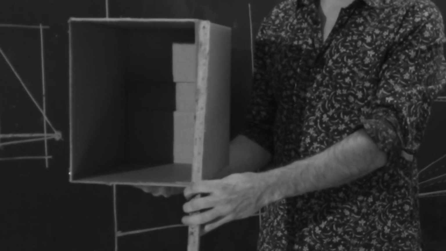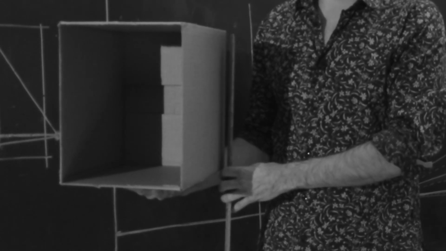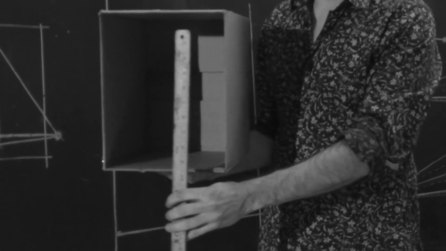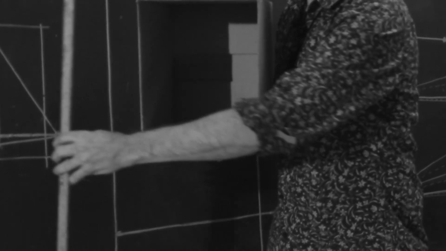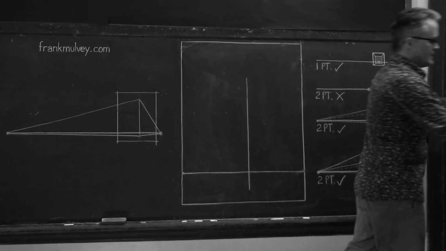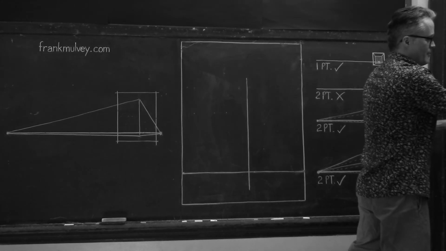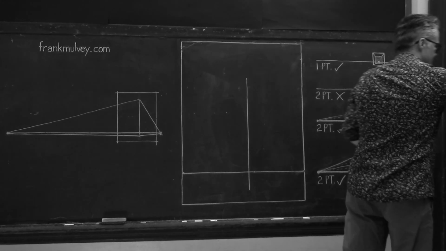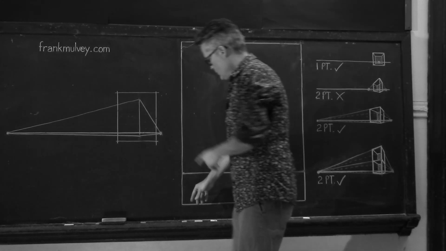So we could position a ruler here in the front corner, slide it this way. We could also position it here and slide it that way. We could also keep going if we want to add more architectural elements. So let's think about that imaginary ruler when doing this drawing.